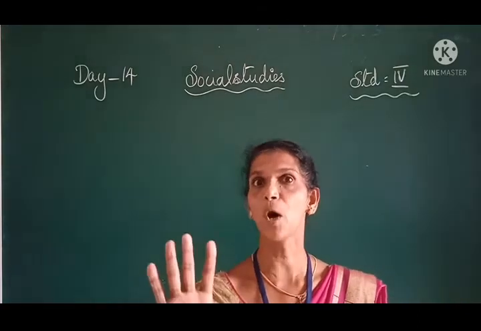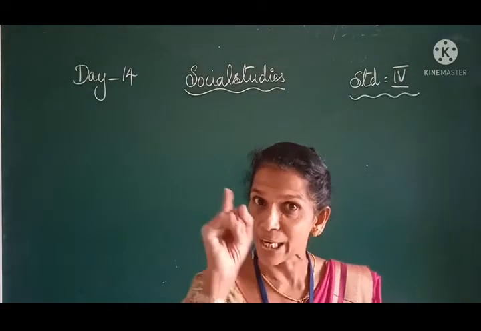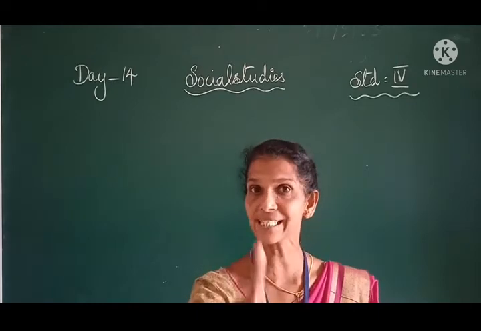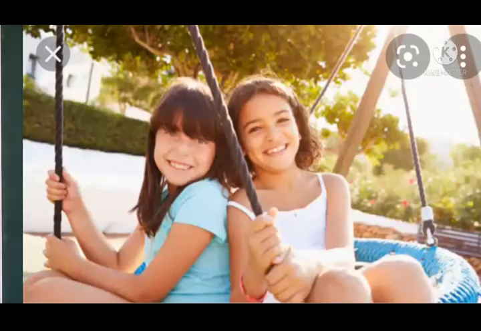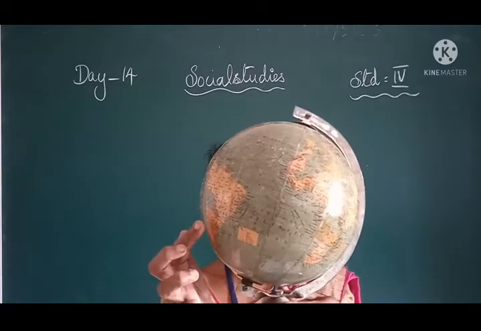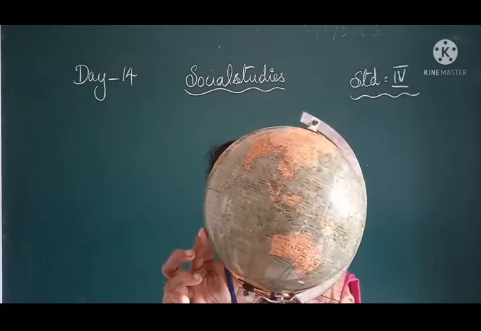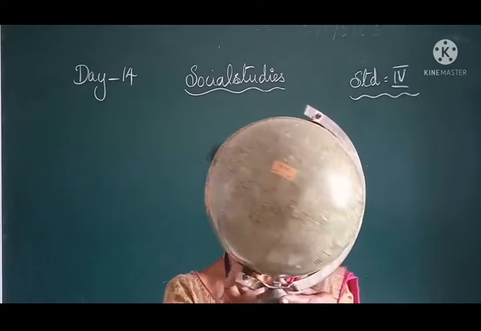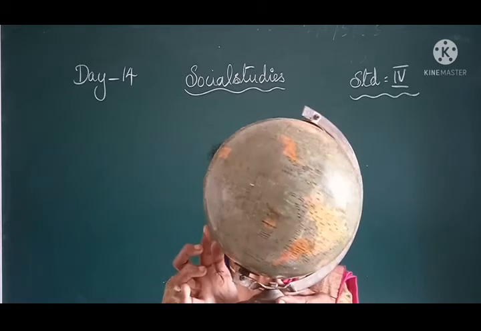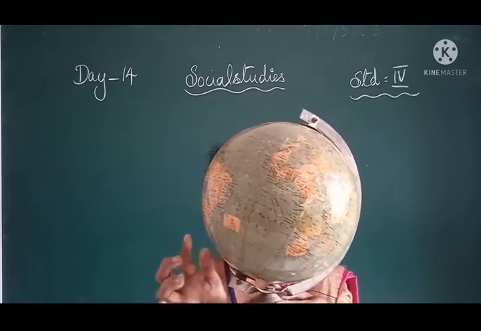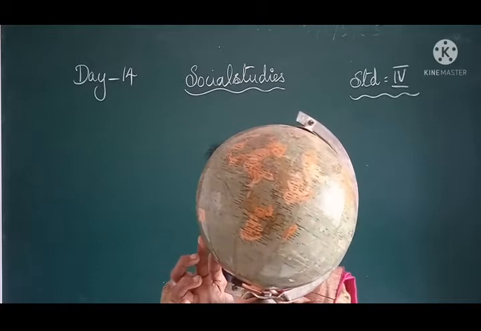And if the North Pole is nearer, the northern hemisphere has summer. Okay, I'll show you. See, in the previous classes we have seen the globe, isn't it? See children, this is the globe, and this is actually a model of the earth. As the globe is moving, the earth also can move on its axis.